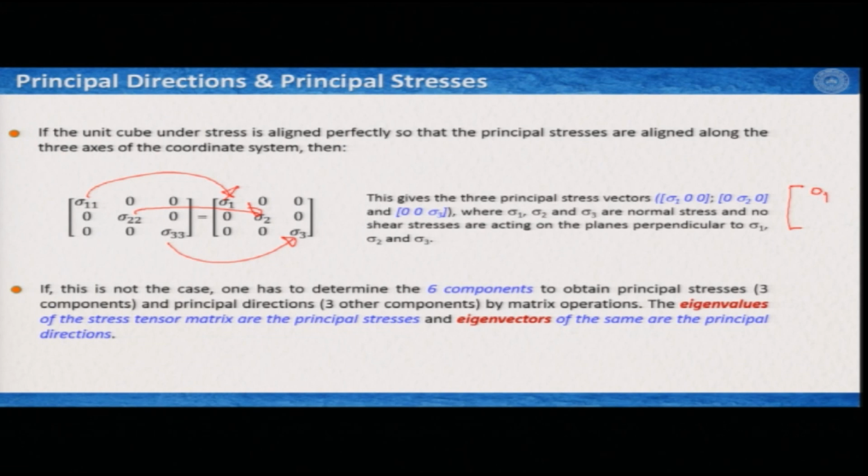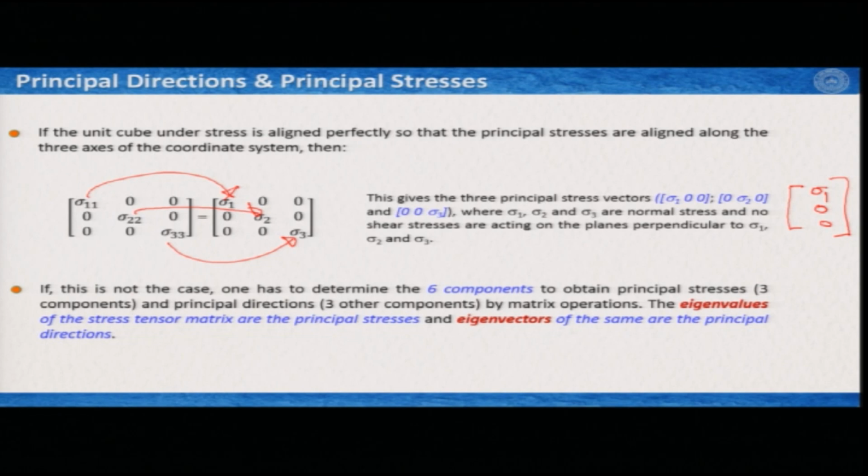So, 3 stress vectors working on 3 different planes, where sigma 1, sigma 2 and sigma 3 are normal stresses, and along these directions there is no shear stress acting on the planes perpendicular to sigma 1, sigma 2 and sigma 3.